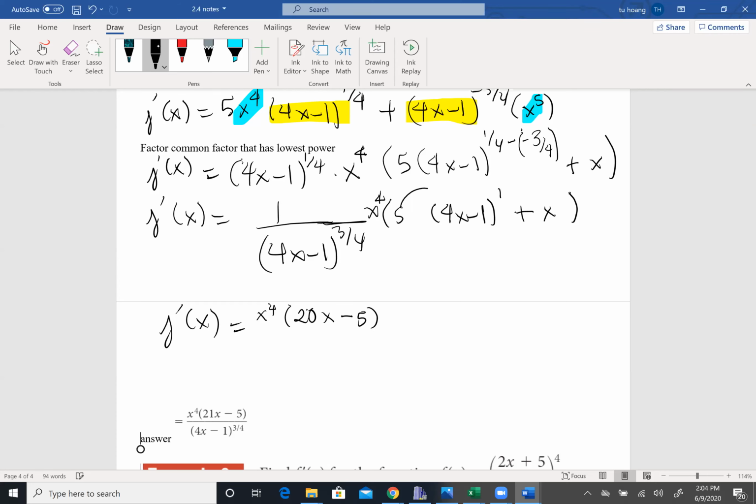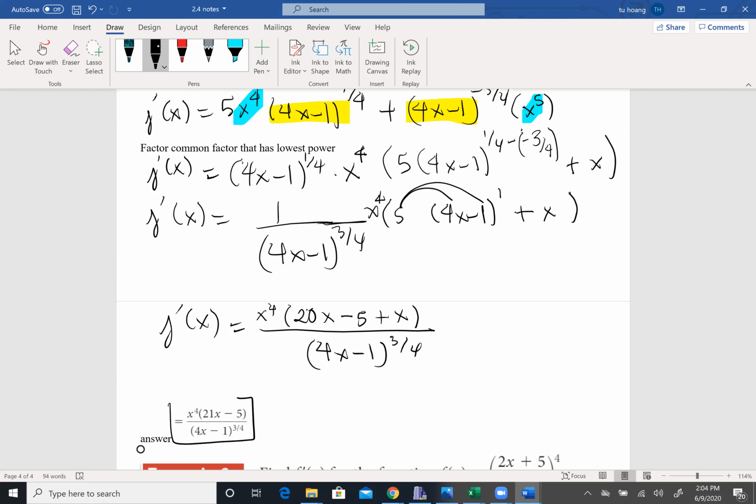I am doing distribution for this one, and then plus x over 4x minus 1 to the power 3/4. And finally, I will get x to the 4 times 21x minus 5 over 4x minus 1 to the power 3/4.